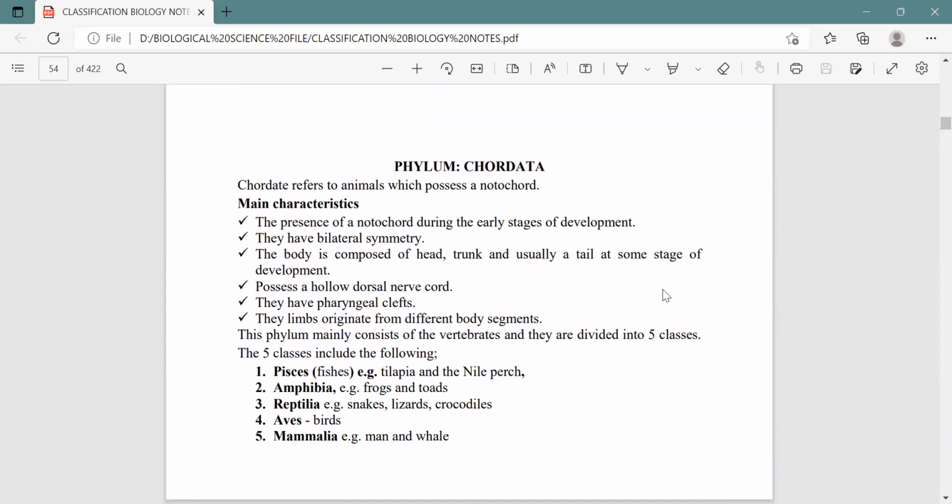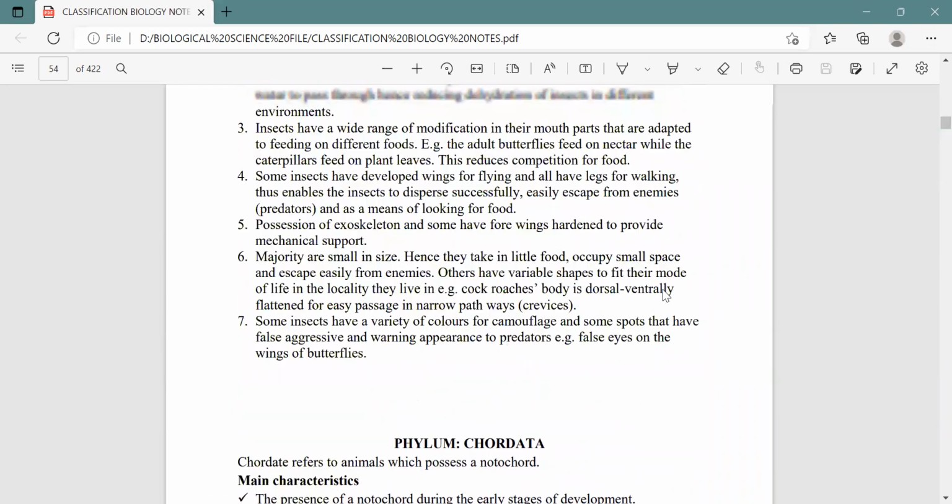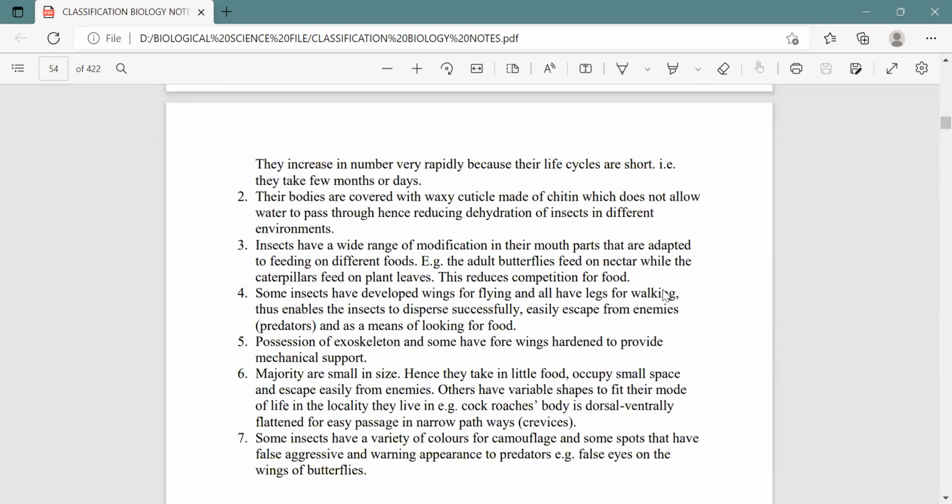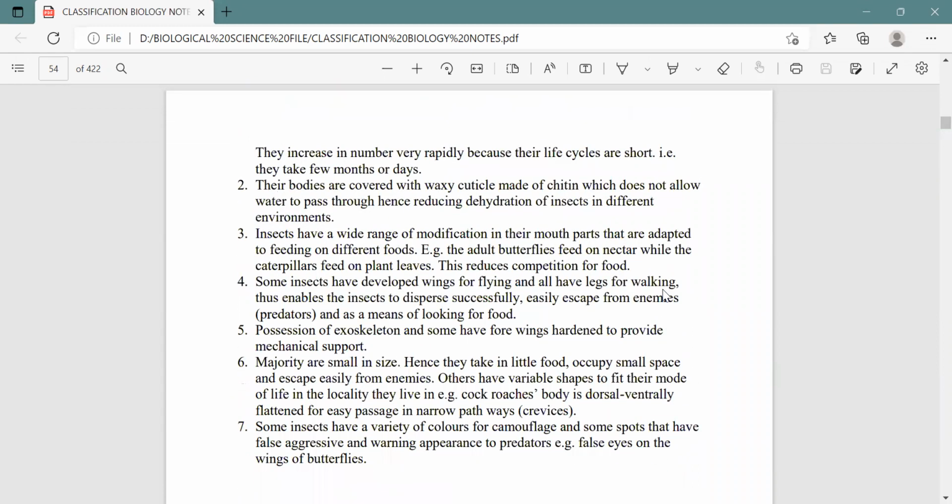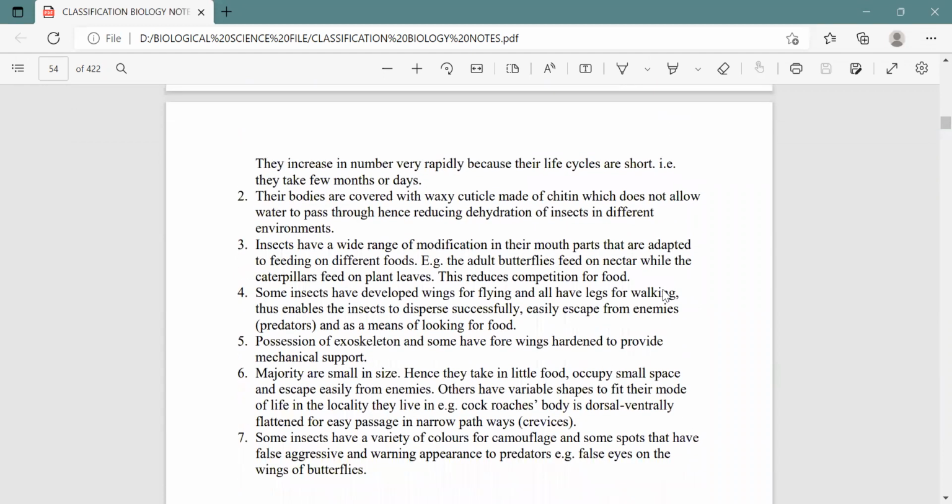The last we are going to read about or talk about in this class is the phylum Chordata, but I wanted to cover the invertebrates, especially the arthropods, and in particular the insects in their own video. And I implore you to take time and review that video, concentrating on the class Insecta, the orders in insects, the characteristics in insects.